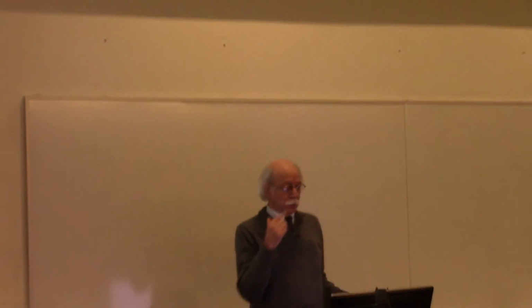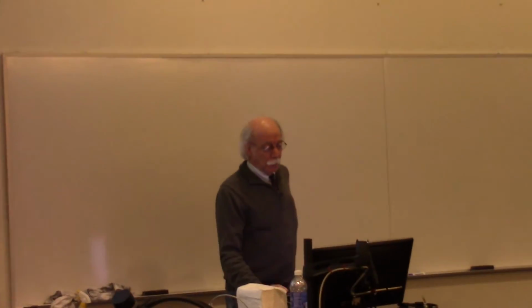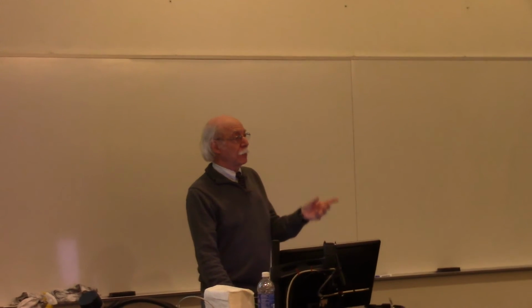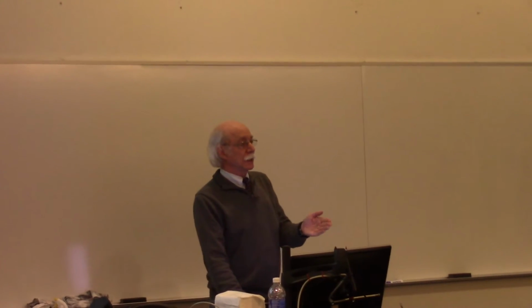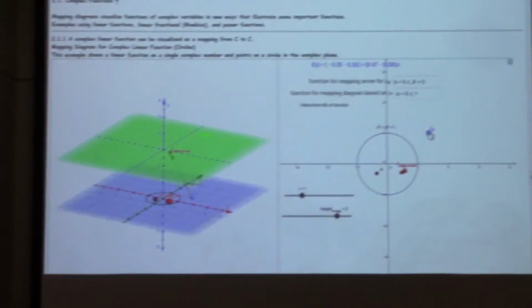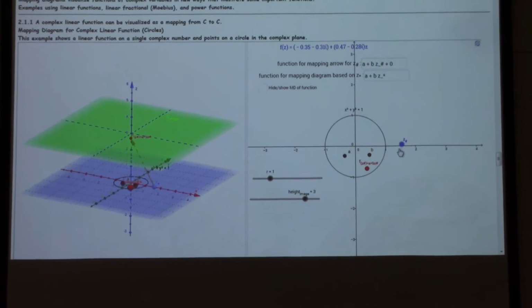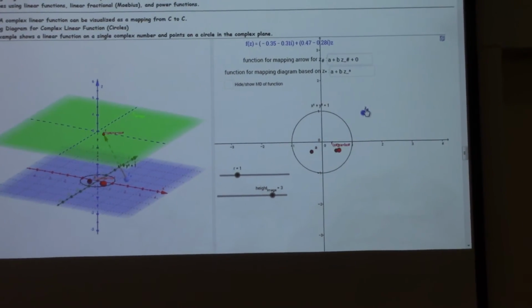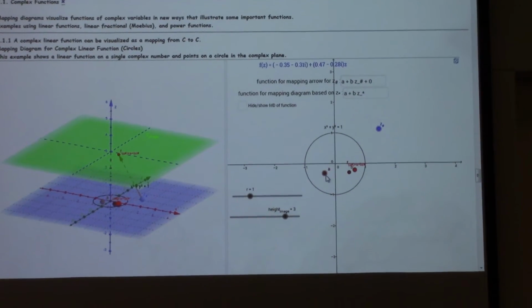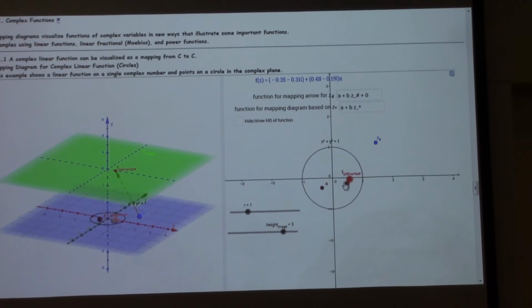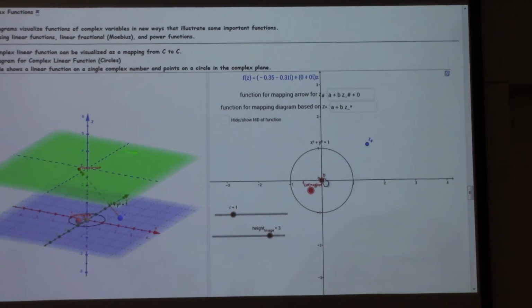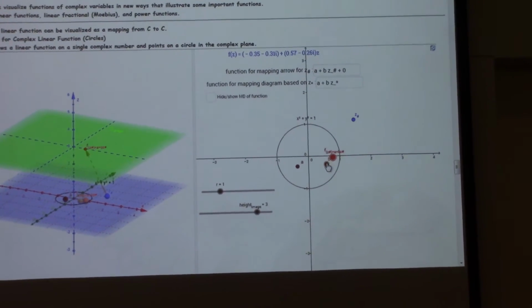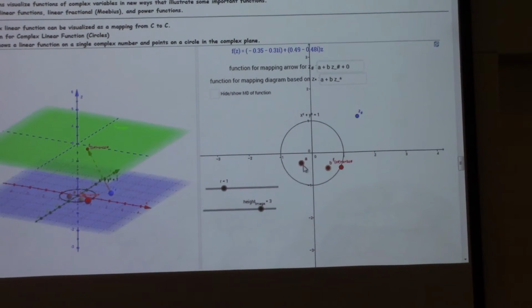Now, the complex numbers are thought of as things that are a plus bi. The a is the first coordinate and the b is the second coordinate, so you can think about them as points in the plane. So here's a complex number.